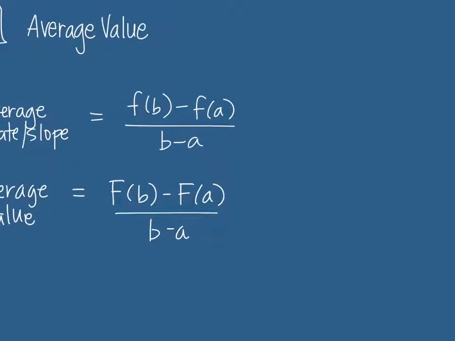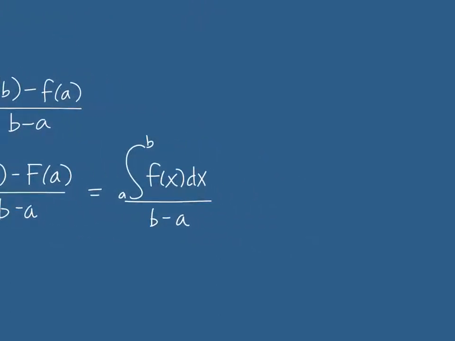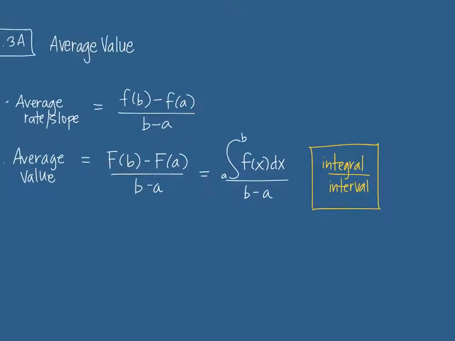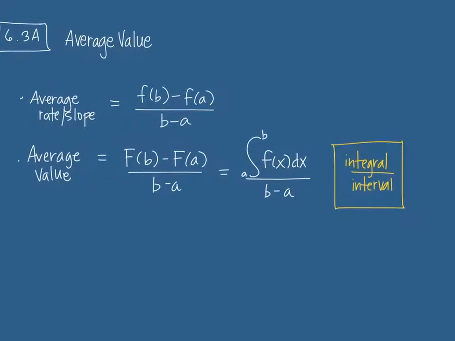A more common way of showing that is the integral of f of x dx from little a to little b over b minus a. We kind of memorized that last year as integral divided by interval. And that is the definition of the average value of something.